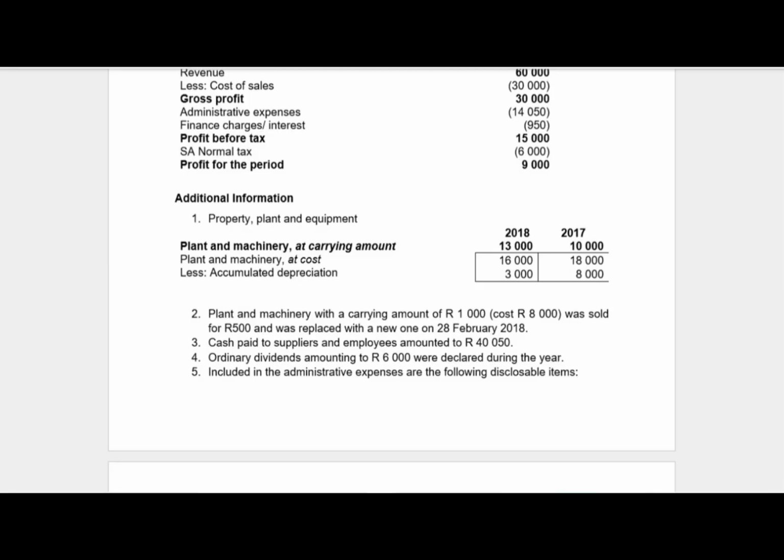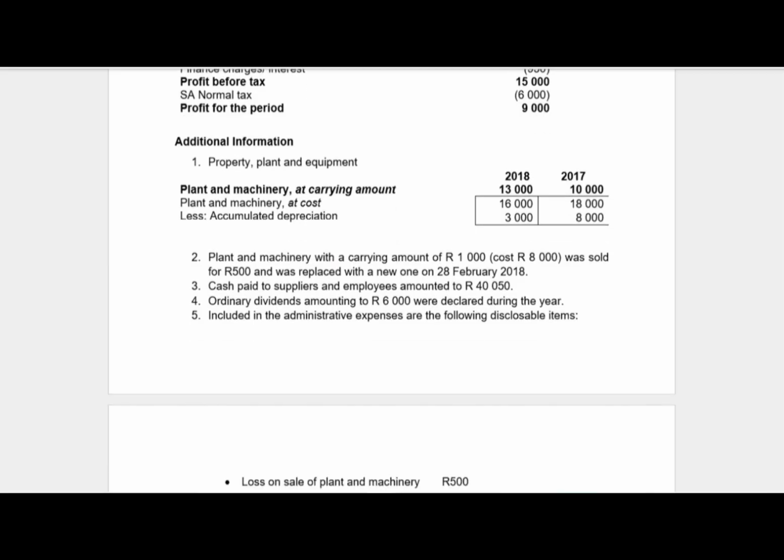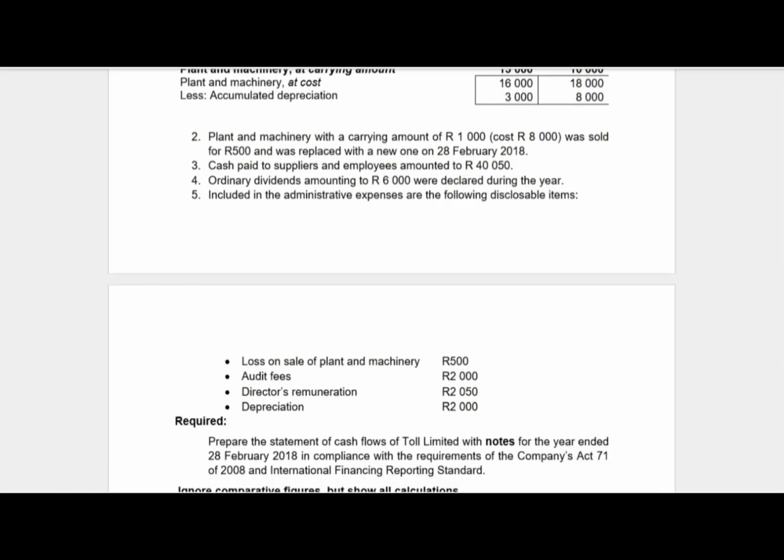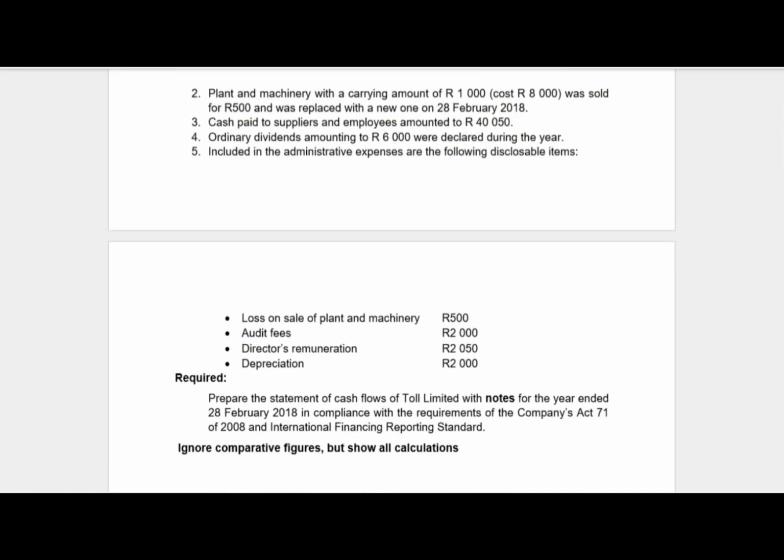Ordinary dividends amounting to 6,000 were declared during the year. Included in the administrative expenses are the following disclosable items. Let's see what those are: loss on sale of plant and machinery, audit fees, director's remuneration, depreciation.